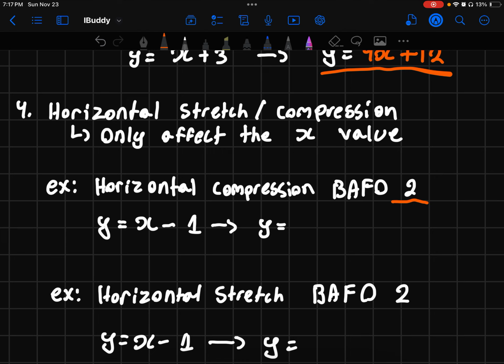So what we would do here, we would just multiply the x value by 2. As it says here, it only affects the x value. So it would turn into y equals 2x minus 1. So 2x. There. You just add a 2 there, multiply by 2.